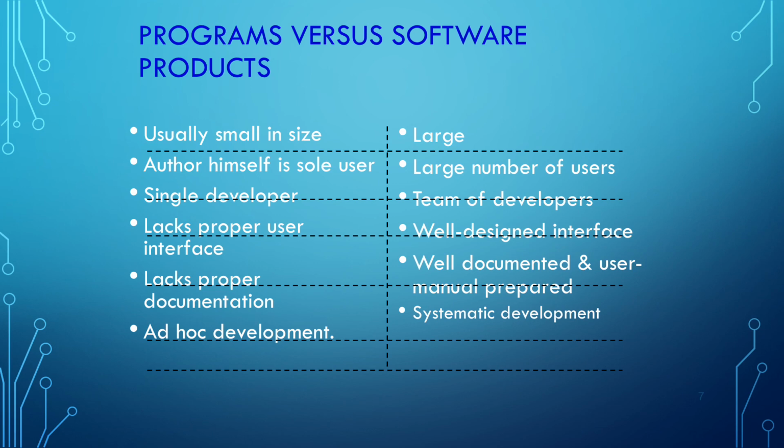Now four students have done the program, but they have implemented different logics. This is called ad hoc development, right? And the second one is systematic development. Systematic development always uses the optimized logic, and it will optimize your program. Here the complexity can be high in ad hoc, whereas in systematic development complexity will be optimized, correct?